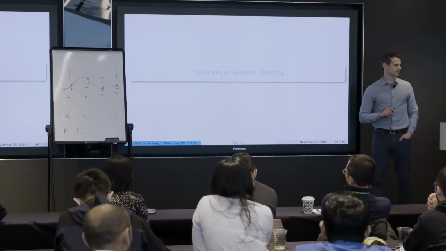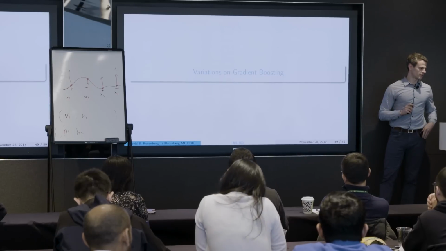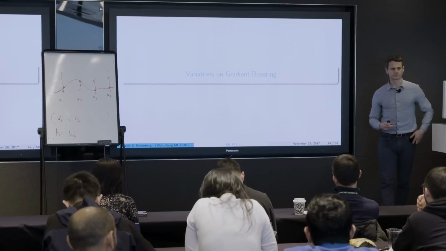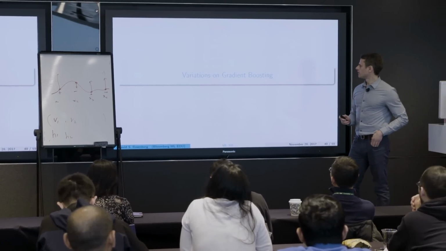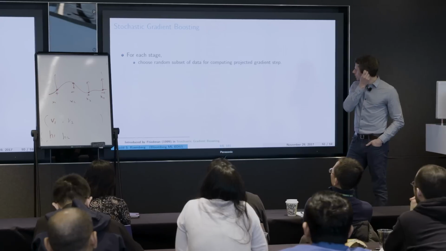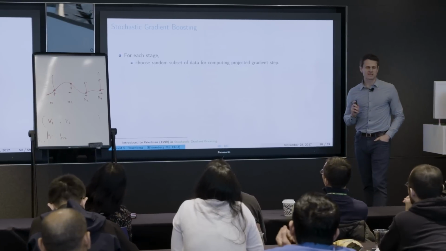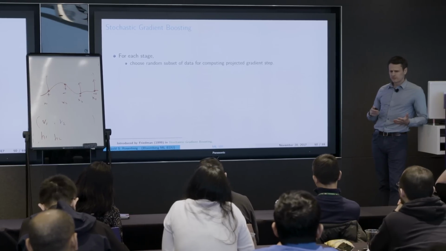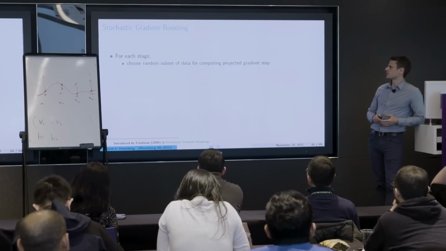All right, let me mention a few variations of gradient boosting, and then I think we'll switch topics. Stochastic gradient boosting. This is actually a very useful thing, and it fits in very well with other things that we've discussed.